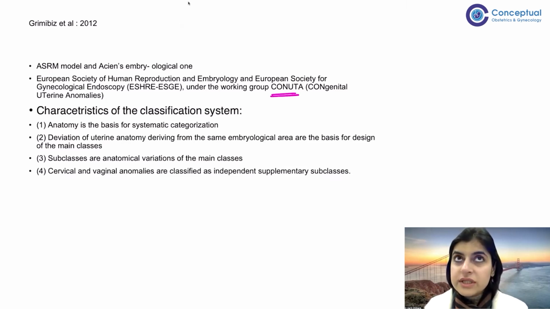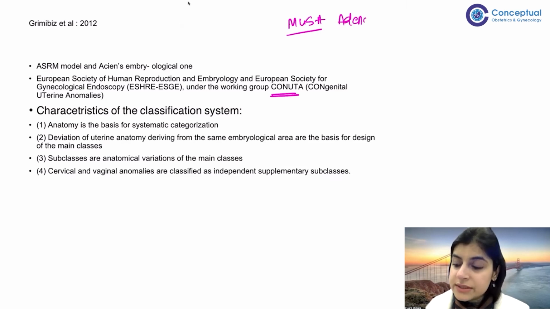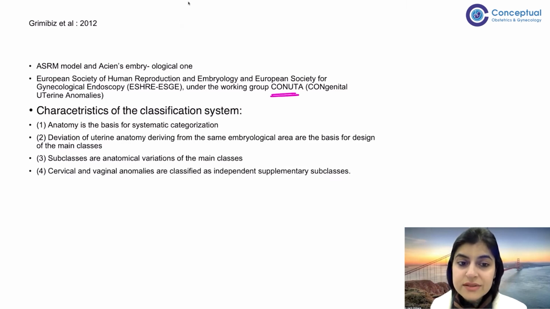So if you see in adenomyosis also, you have the MUSA group, which gave the whole classification and diagnosis system for adenomyosis. MUSA is for adenomyosis. Similarly, the working group for congenital anomalies or Mullerian anomalies was CONUTA. So what are the characteristics of this classification system? Anatomy is the basis of the systemic categorization.